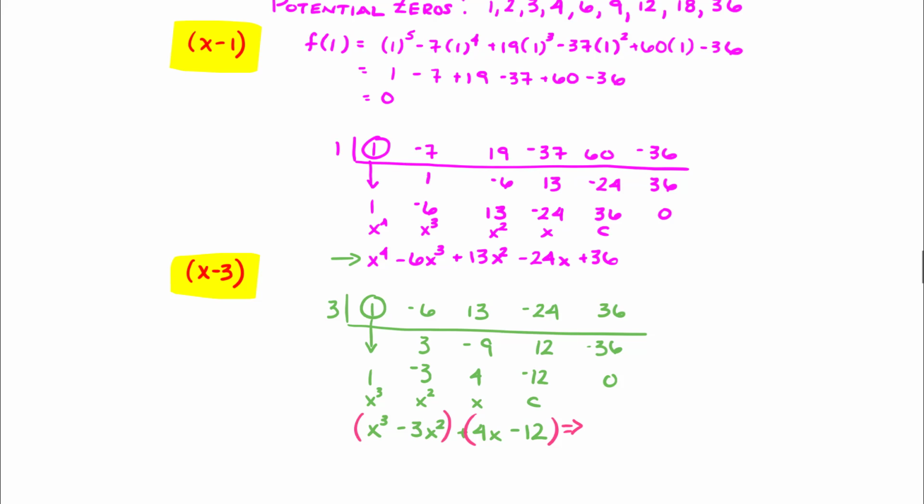We can factor an x squared out of the first 2 terms, and we can factor a 4 out of the last 2 terms. And it gives us this factored form, x squared plus 4 and x minus 3. So we found the remaining 2 factors of this polynomial.